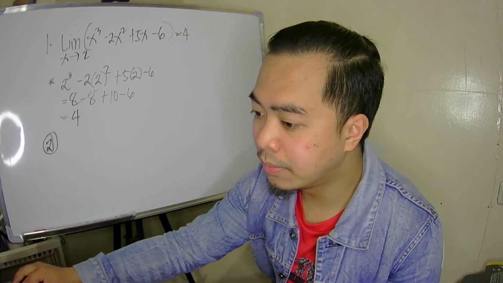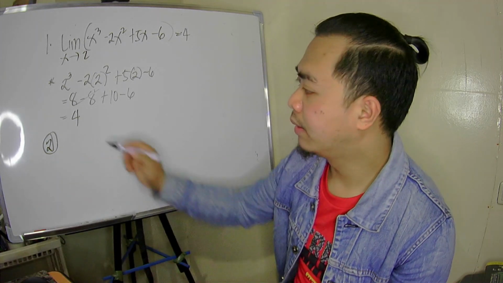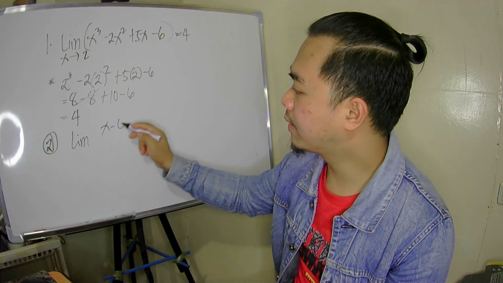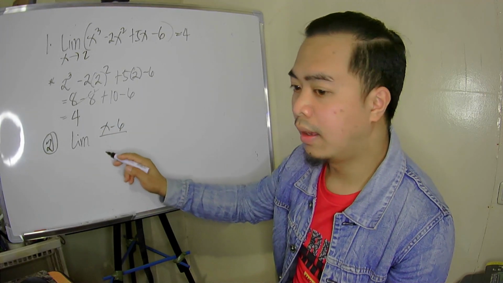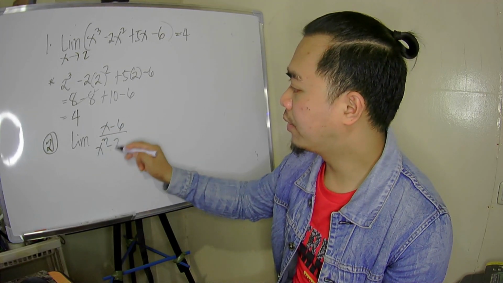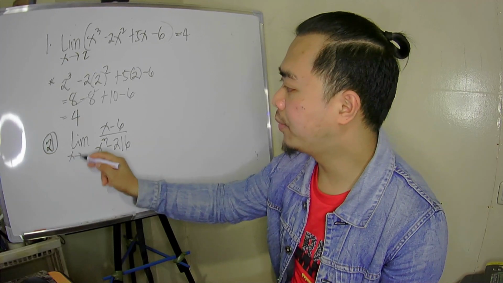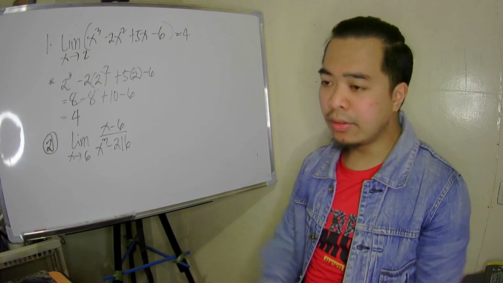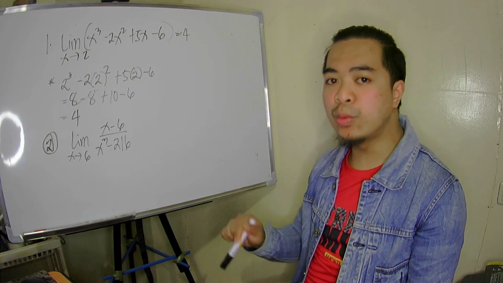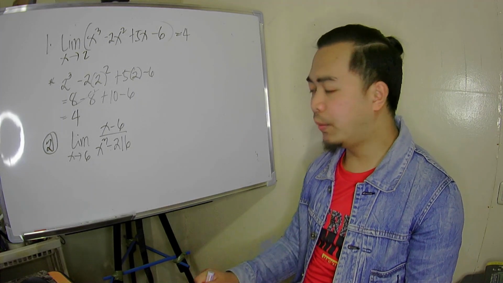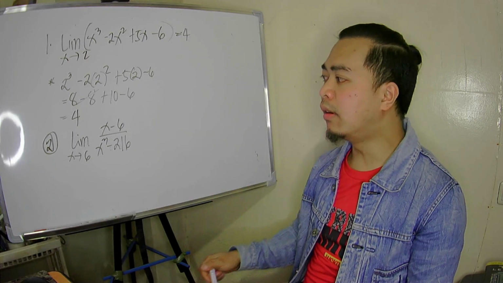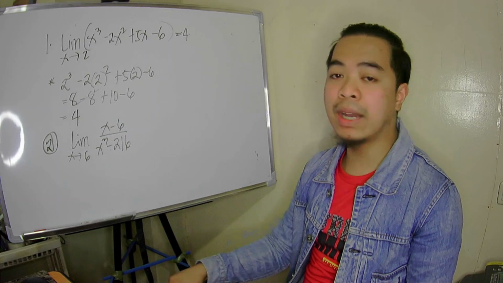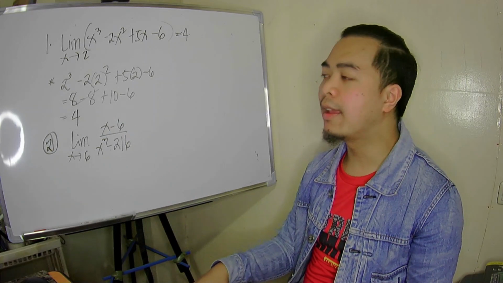Number 2, the limit of x minus 6 over x cubed minus 216 as x approaches 6. Since we already had a discussion, we don't need to write everything out. We can predict whether upon substitution of 6 we will get an indeterminate form.